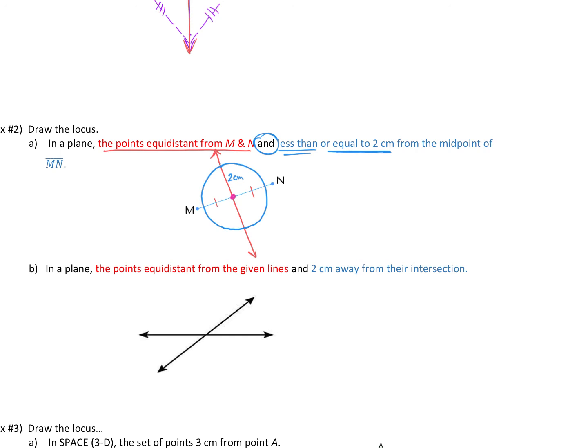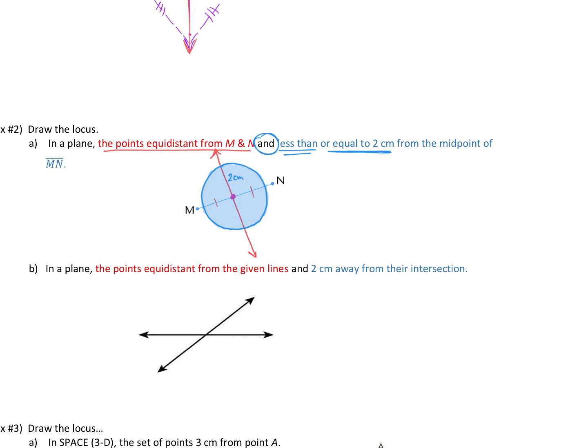But this says everything less than or equal to 2 centimeters from the midpoint. So what do you have to do? Fill it in, right? That circle is filled in. Your locus for just the blue would be all of this blue that you see.